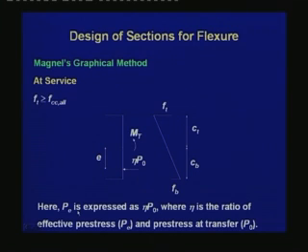Thus, the effective prestress Pe is expressed as eta P0, where eta is the ratio of the effective prestress and the prestress at transfer. We see that we have a compressive stress at the top and tensile stress at the bottom.